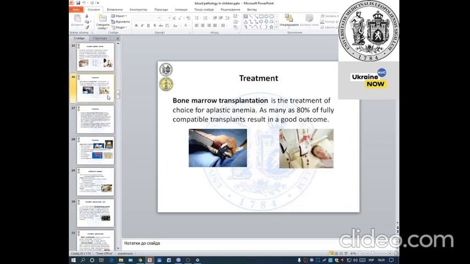Bone marrow transplantation is the treatment of choice for aplastic anemia. As many as 80% of fully compatible transplants result in a good outcome.